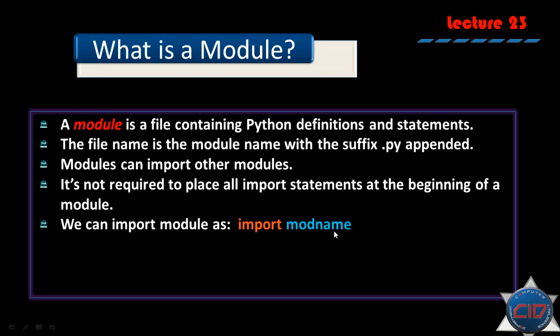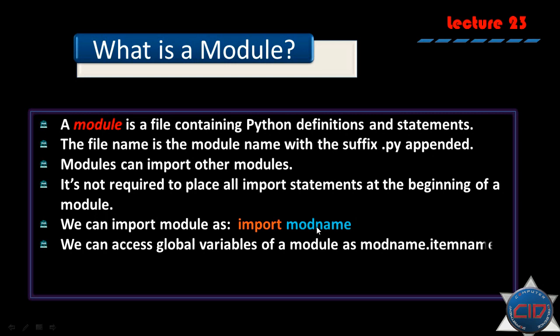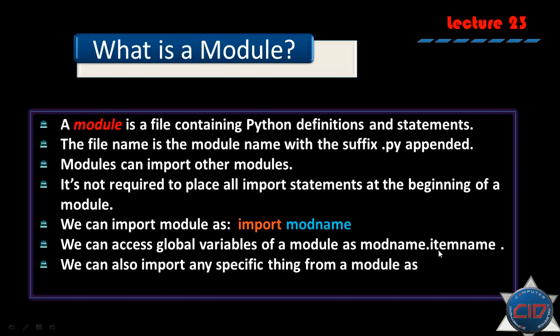We can import a module by using the import keyword, and after the import keyword we use our module name. We can also access any variable from that module using the dot operator, as you can see here: mod name dot item name, where item name is any variable we are going to use. We can also import any specific thing from our module.